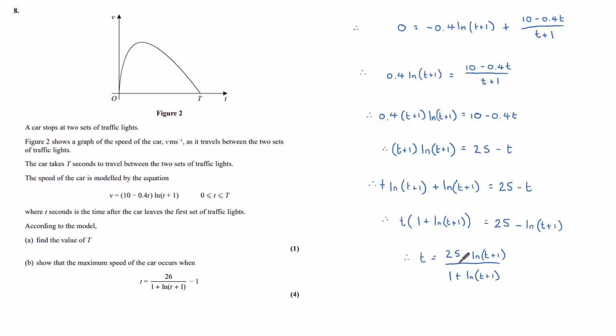And on the numerator here, this numerator of 25 - ln(t + 1) could be written as 26 - (1 + ln(t + 1)). And so we can see, and we're using our answer here to work back a little bit, that t can be written as 26 over 1 + ln(t + 1), minus 1.